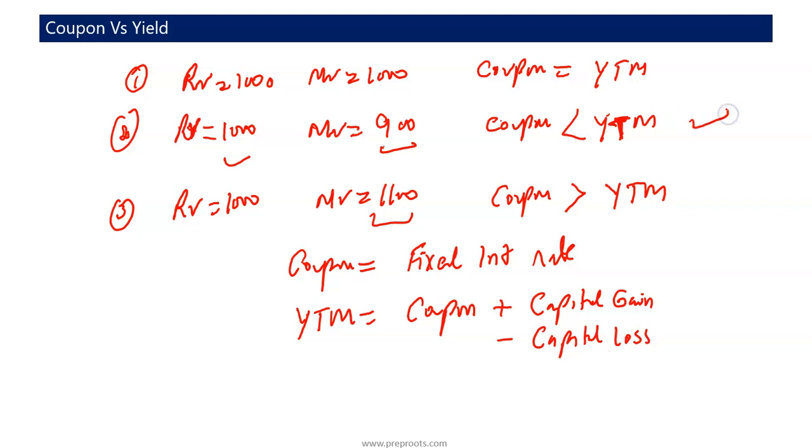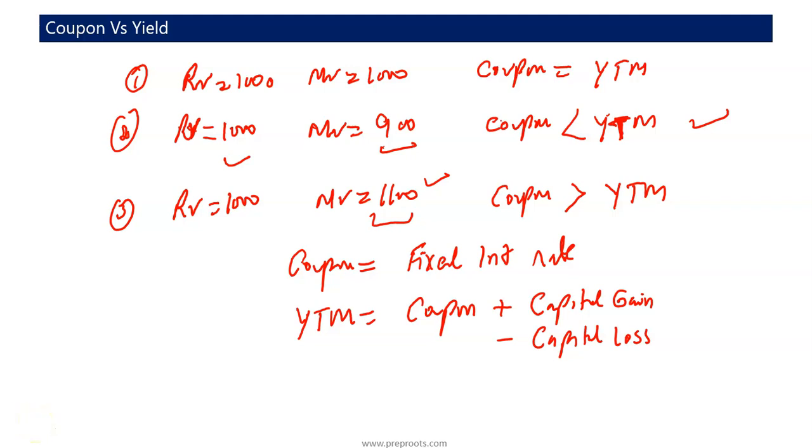Buying the bond at a lower price and selling at higher. What is capital loss? Buying the bond at a higher price and selling at lower. So that is the difference between coupon and YTM. And you know, when market value changes, YTM will change. Or when yield changes, market value will change, but coupon will remain the same.